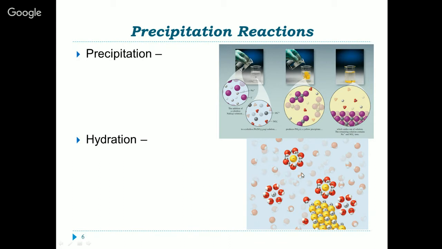So this helps shield and separate. But we see then that the water will actually disperse and the negatives and positives can come together. And there are rules that govern what substances will be able to form a precipitate. But hydration is simply looking at the fact that water molecules will surround ions in solution and basically form what we call a solvent cage.